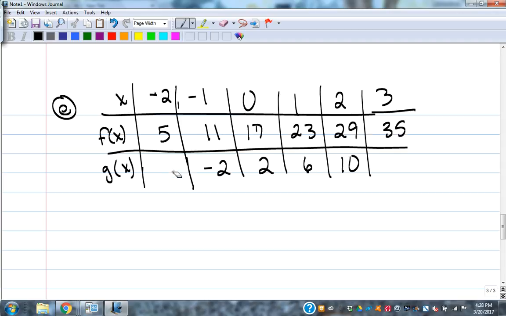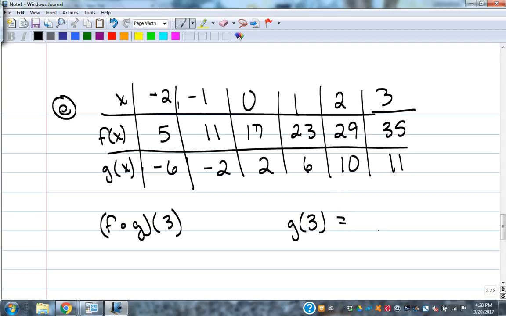I didn't pick a good number. Let me get a better one. It doesn't matter. I'll just make this last one 11. All right, so let's say they said find f composed with g of 3. Okay, so what's the 3? It's the x value for g of x.